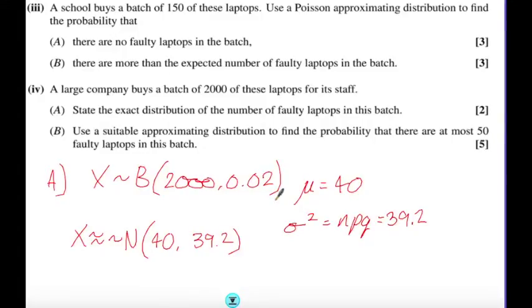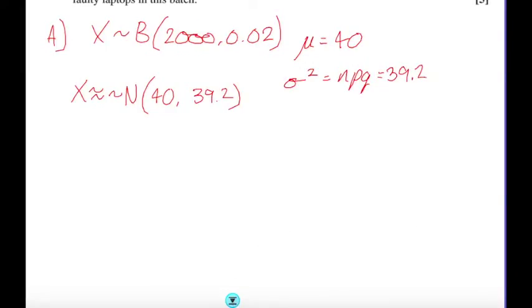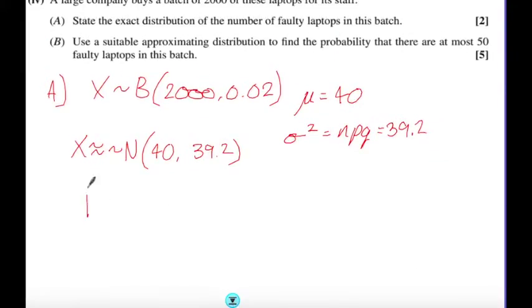Using a suitable approximate distribution, find the probability there are at most 50 laptops in this batch. Right, so we want the probability x is at most 50, so x is less than or equal to 50. Now remember, whenever you're going from a discrete distribution to a continuous distribution, you've got to worry about a continuity correction. Because the normal is continuous and this is discrete, we've got to imagine what would round to 50.